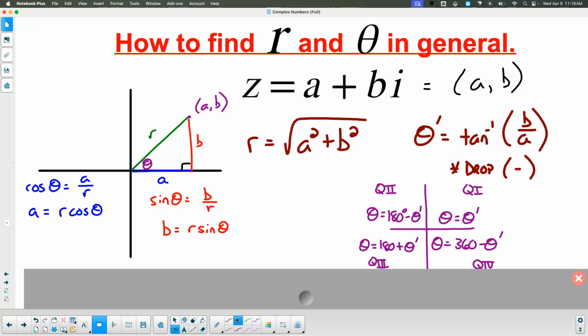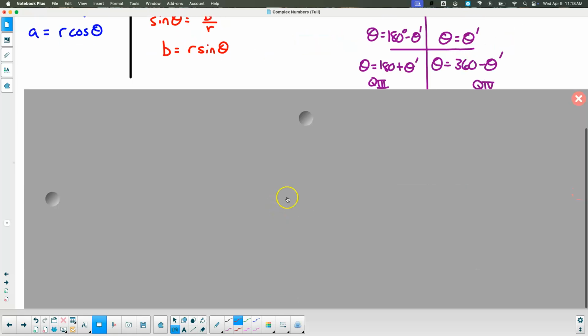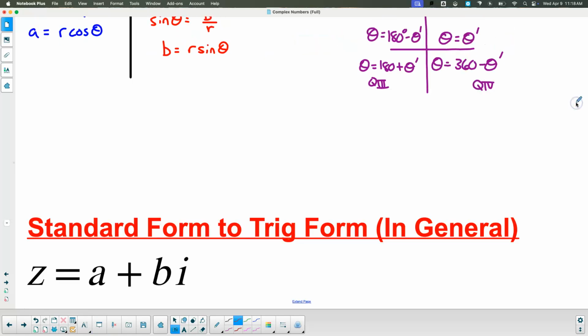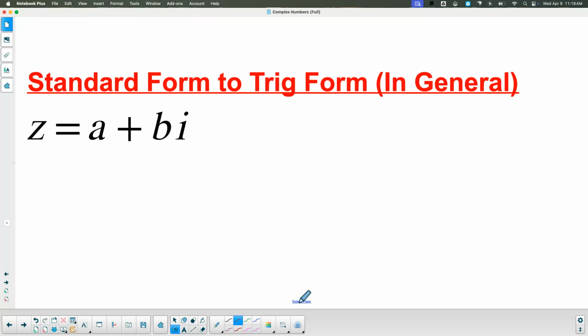Okay. The reason that we made those changes is because now we can get the standard form of a complex number into the generalized trig form.